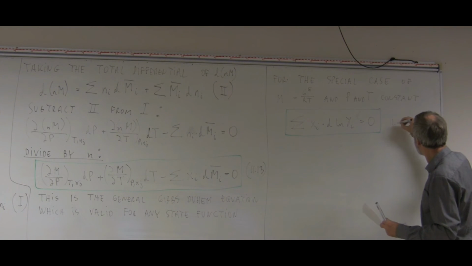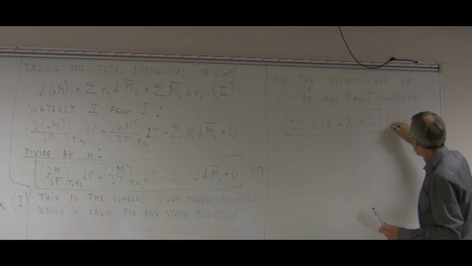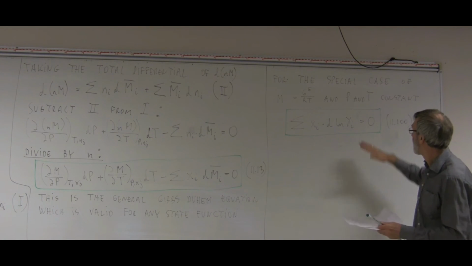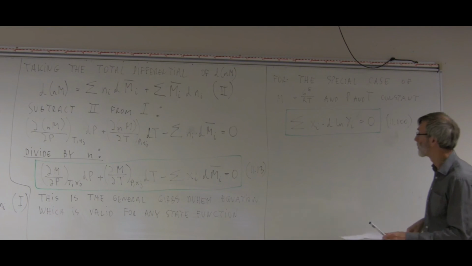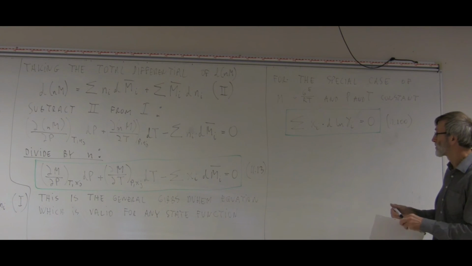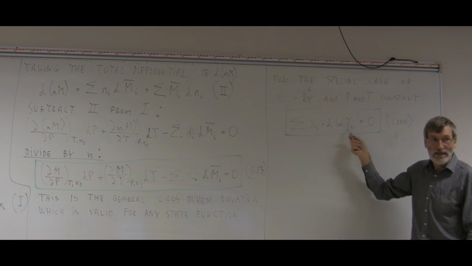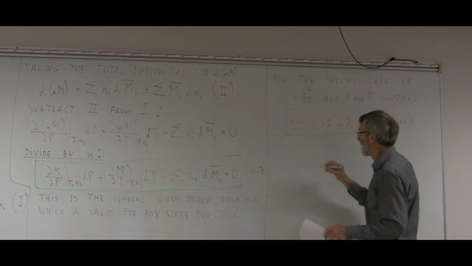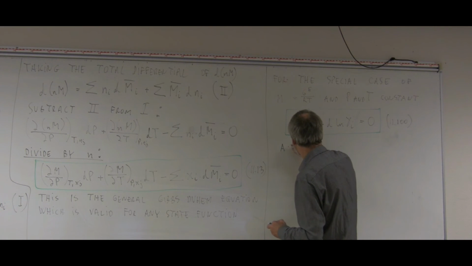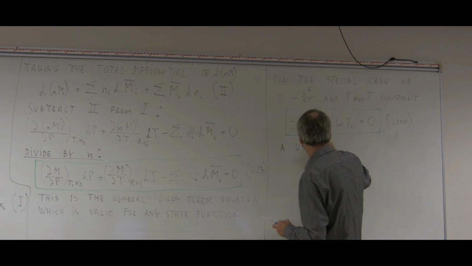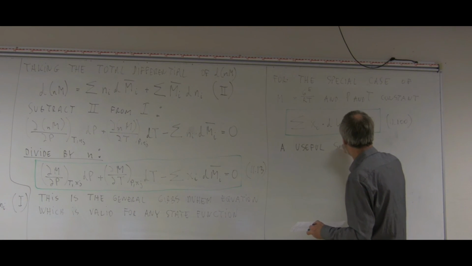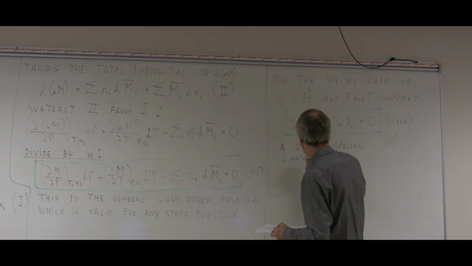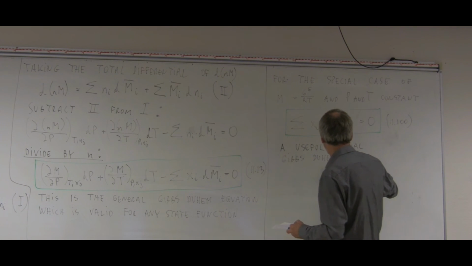Now we have gone to equation 11.100, but I go to this equation because this connects the change in the activity coefficient with composition, and this is a useful special Gibbs Duhem equation.